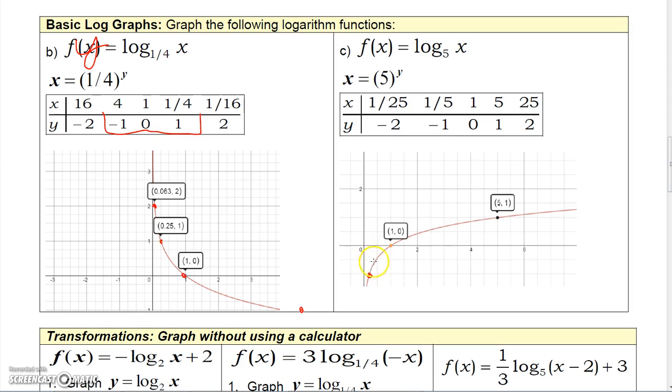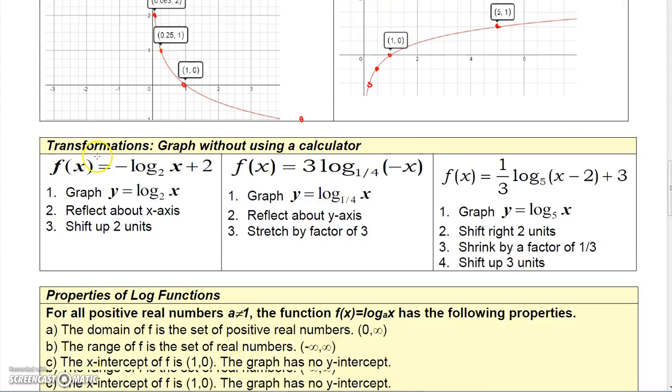And then if y is -1, x is going to be 1/5. And then if y is 0, x is going to be 1. And then when y is 1, x is going to be 5. And you have to go way out here to 25 to get up to where y is 2. So that would be way over here somewhere. So you can see that it flattens out a bit quicker than the log of x base 2 does.